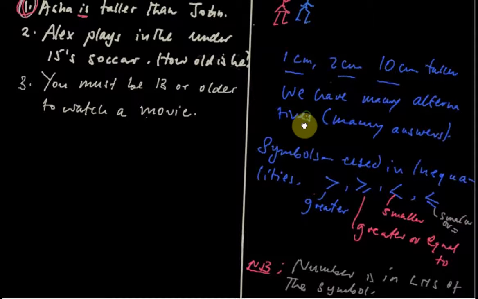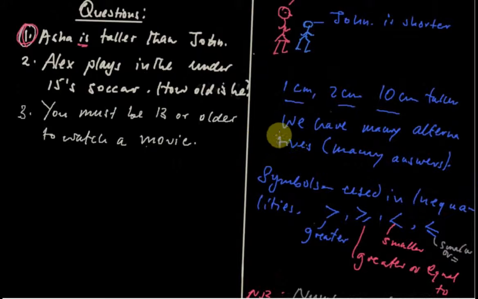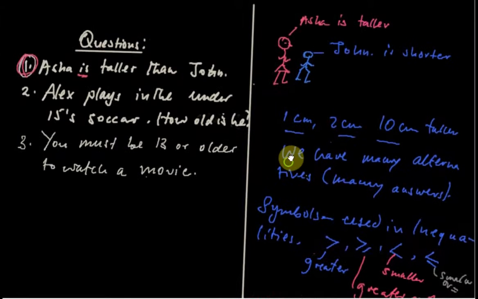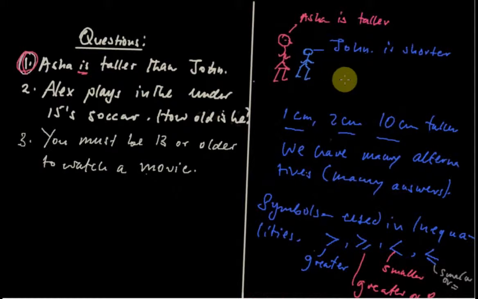So here we say that if Asha is represented by A in green and John is represented by blue, and Asha is taller than John, then Asha will be written like this.